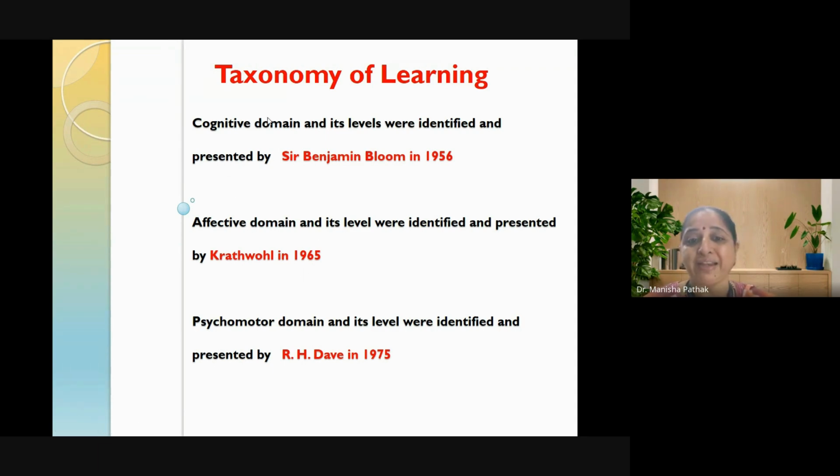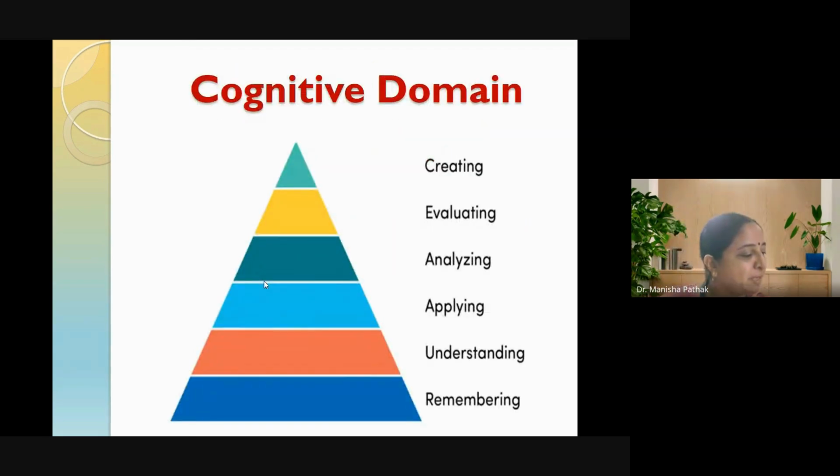The affective domain and its levels were first proposed by Sir Krathwohl in 1965. Likewise, the psychomotor domain and its levels were identified by Sir R.H. Dave in 1975. But most popularly, the taxonomy of learning is called Bloom's taxonomy, as this idea was first proposed to the world by Sir Benjamin Bloom.